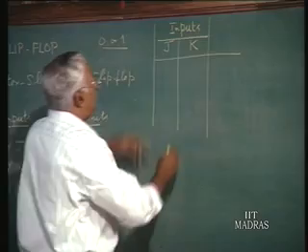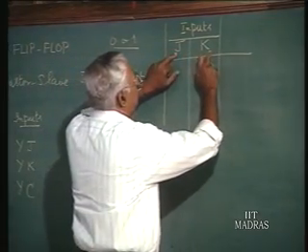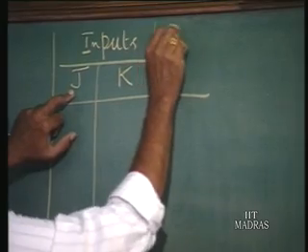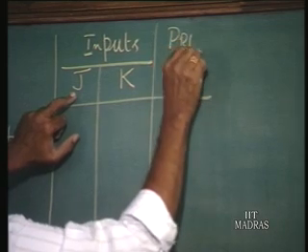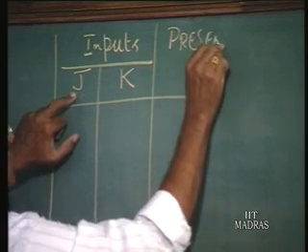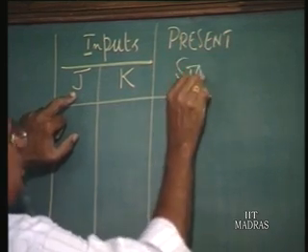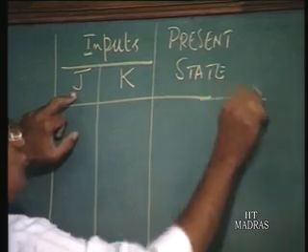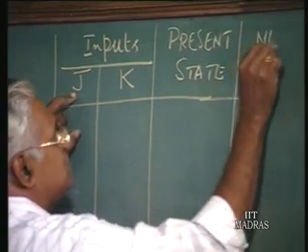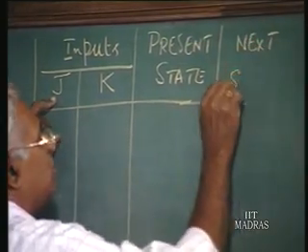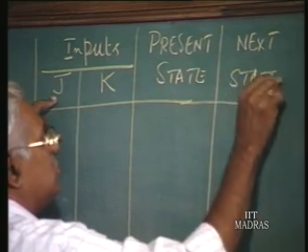Now if you have these as the inputs, and if the present state of a flip flop is something, what happens to the next state?